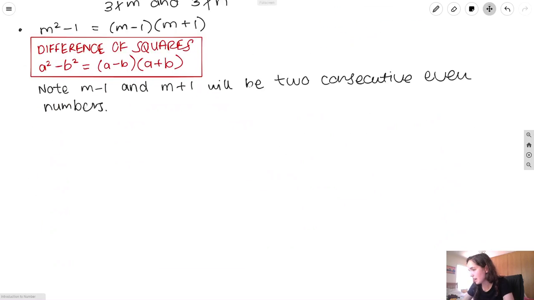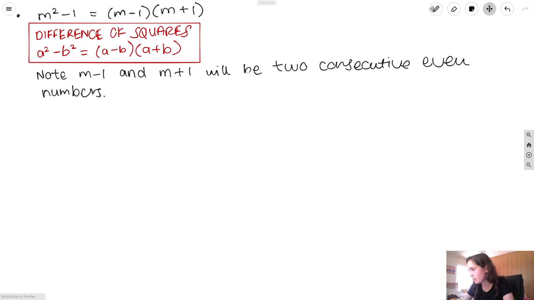This means that one of them will be divisible by 4, either m minus 1 or m plus 1.